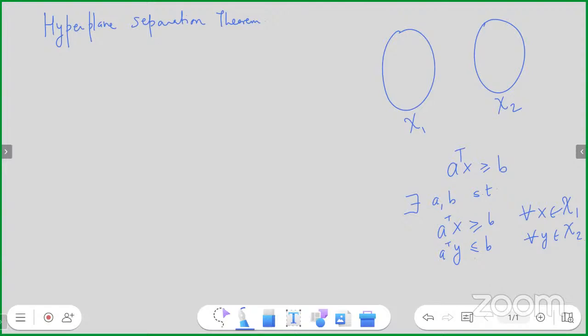So can you think of disjoint sets where strict separation is not possible? Is the question clear? You have two convex sets which are disjoint, but you can't find an A and B such that both these inequalities become strict.